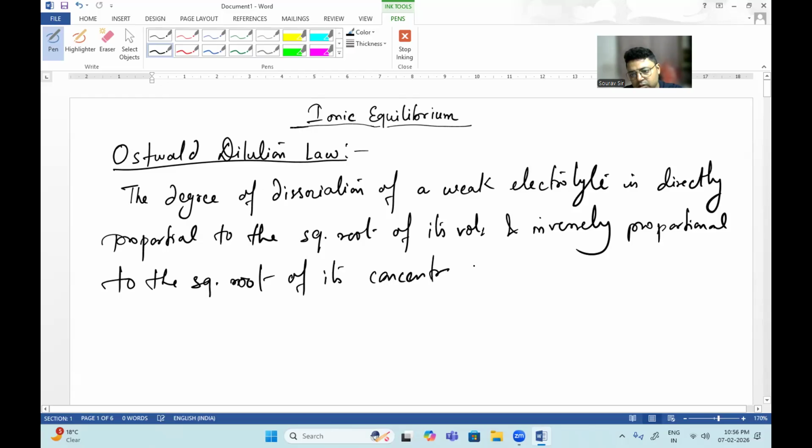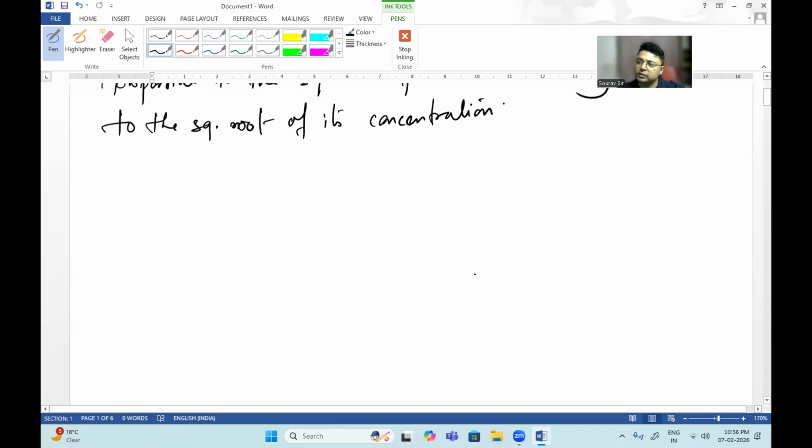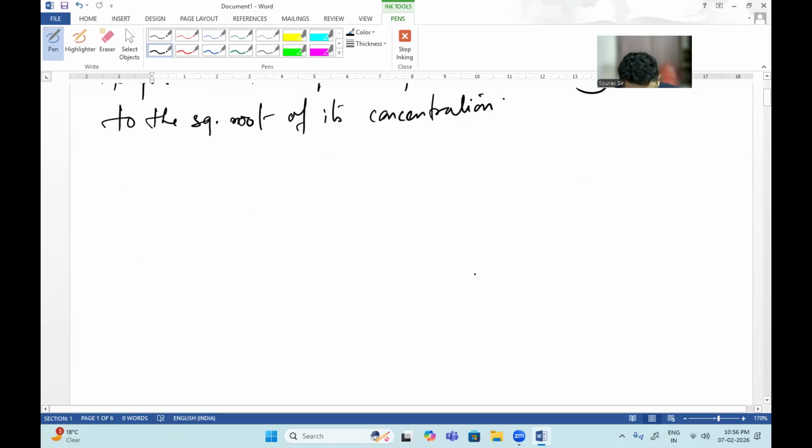This is the statement, or the definition, that the law states, by Ostwald.